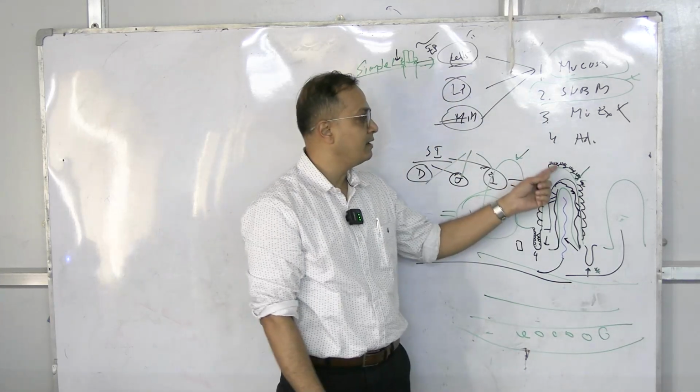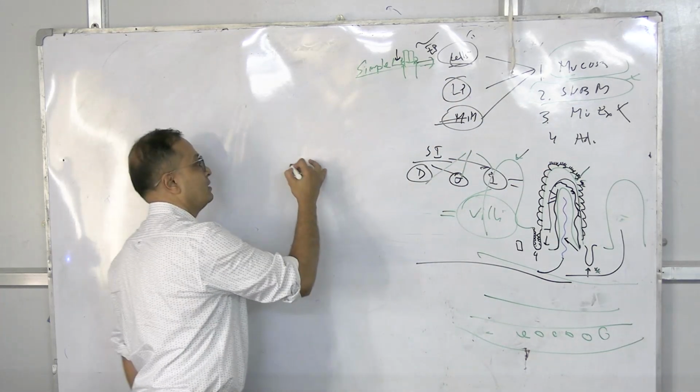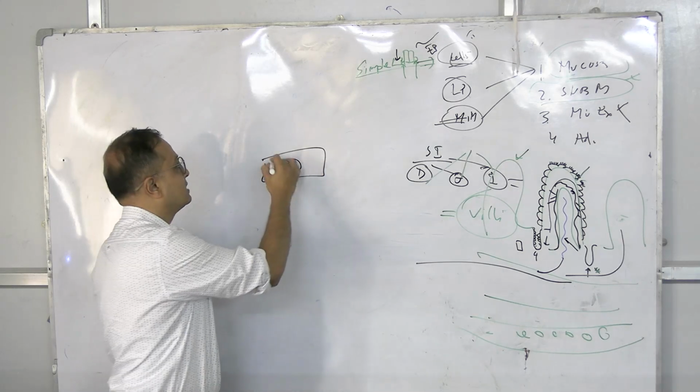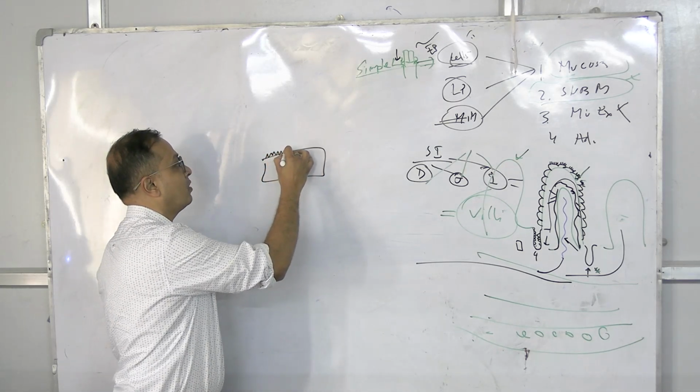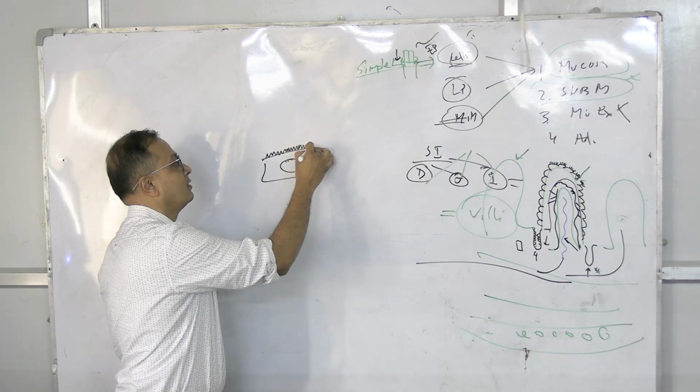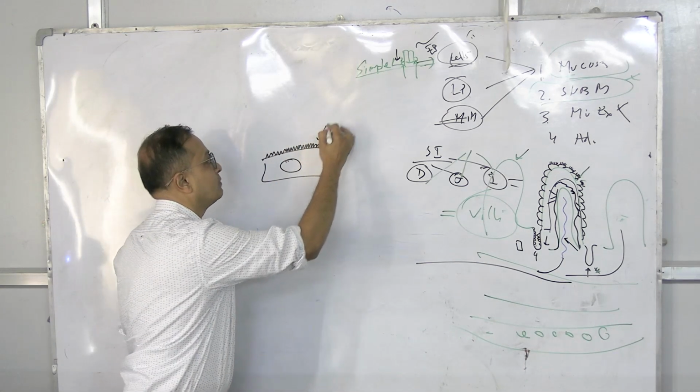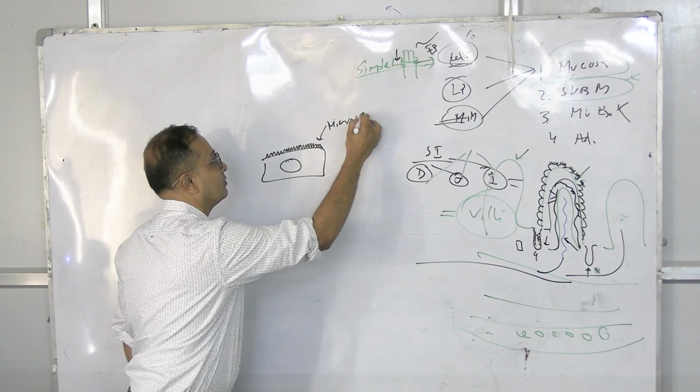These microvilli are present on the cell membrane. That means if you take this epithelium, the plasma membrane shows these minute projections, which we call microvilli.